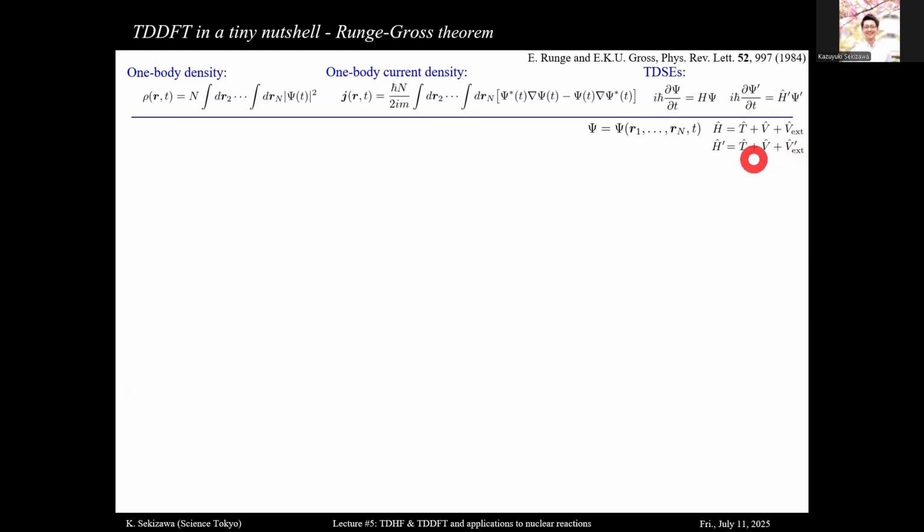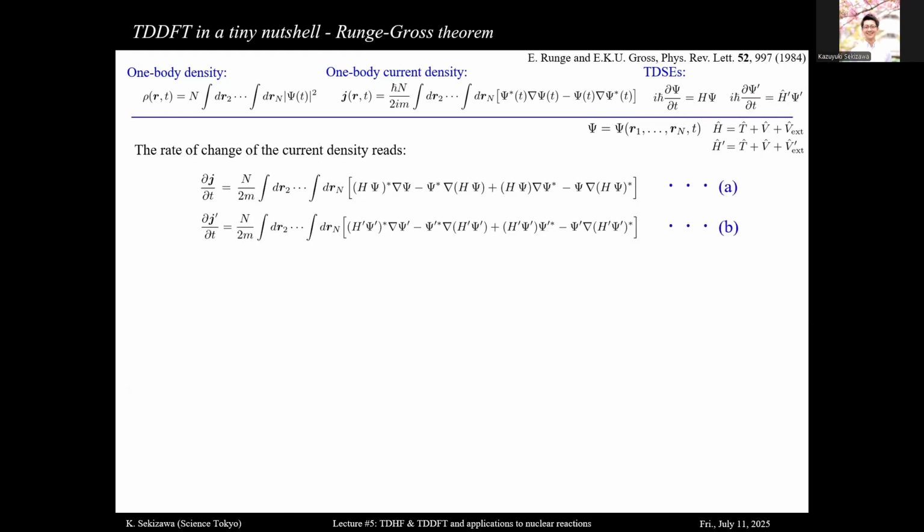So kinetic term and the interaction term are the same. Only the external potentials are different. So they are H and H prime. And the corresponding many-body wave functions are written as psi and psi prime. So this is just notations that we will use to show what is the Runge-Gross theorem.